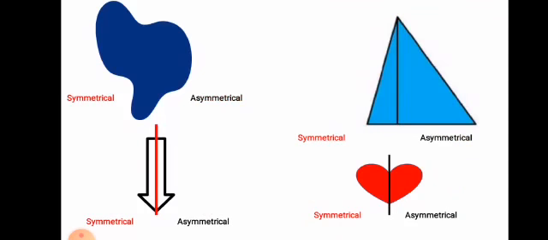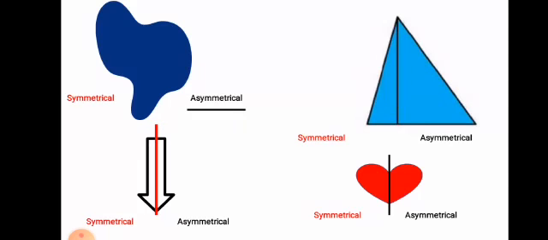Very good. We cannot divide it into two similar sides, so this is an asymmetrical shape. And here, also, this is an asymmetrical shape because if we try to divide it, we will not be able to see two similar sides.